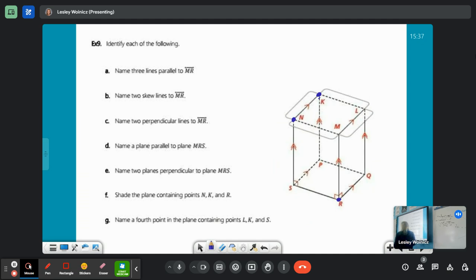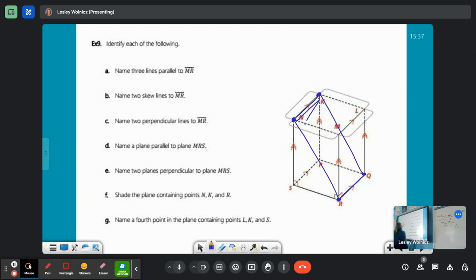Okay, which point do you suspect is also in that plane? Yeah. So the easiest way to draw that plane is to connect those points with a straight edge. You can use the side of your ID or one of your planes. Okay? Connect it.